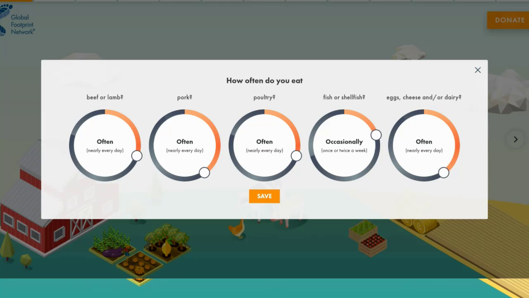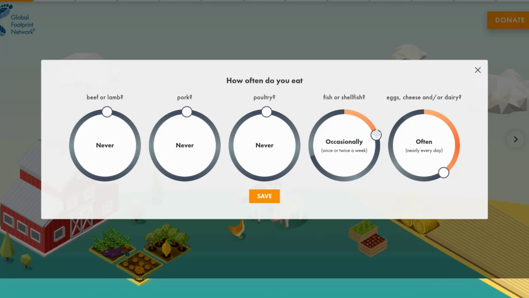And when we're talking about our ecological footprint, we're not just thinking about the grains, the grasses, the other foods that our cows and our sheep are eating. We also have to think about the resources that go into creating that food in the first place. So the fertilizers, the waters, all of the machinery used to harvest the grain that then goes on to feed other animals. So I'm just going to move the slider to accurately represent my lifestyle.